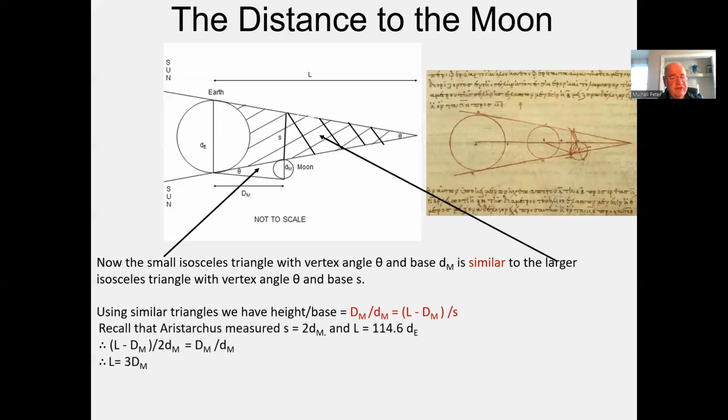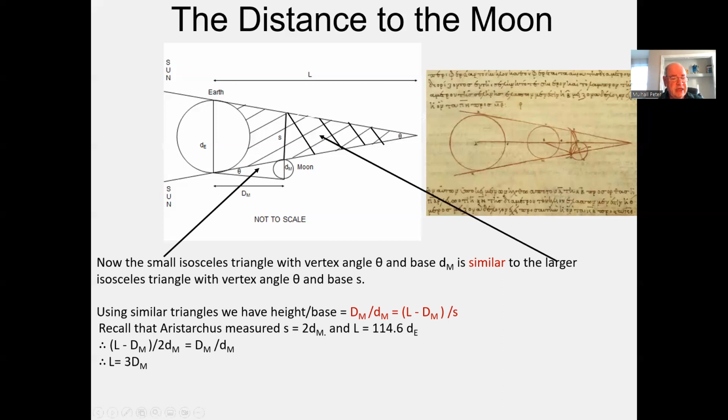And here is just a little bit of algebra. We can substitute for S, the base, 2 times the diameter of the moon. We can substitute for L when we're ready, 114 times the diameter of the Earth. I'll take S and substitute this thing here. And again, just your math types follow a very simple algebra.